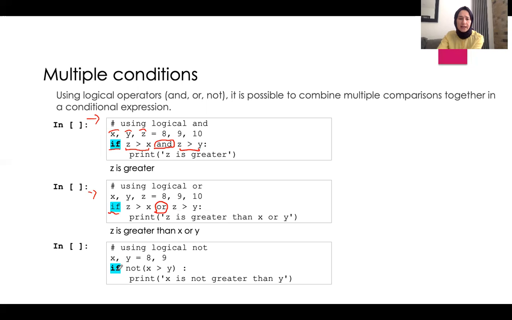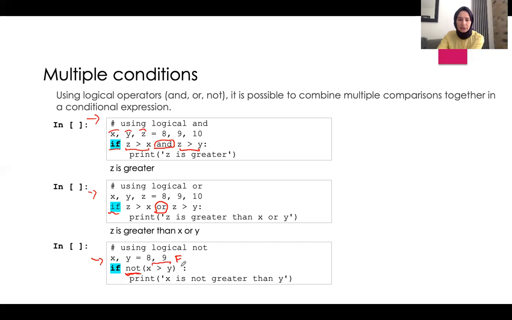And finally, we have not. And basically, not shows the opposite of the result. And we have two variables here, x equals 8, y equals 9. X is greater than y. So this condition here is false. As this is not, right?